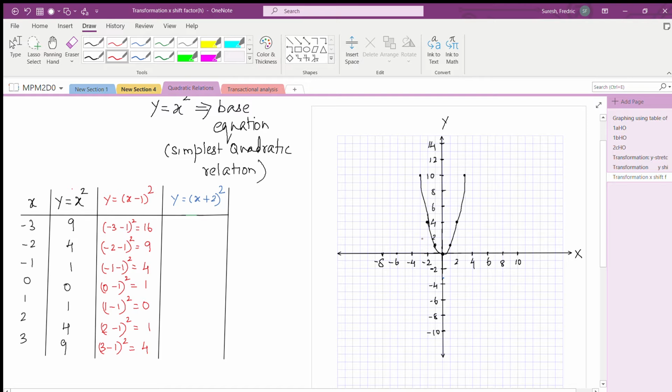Okay, so we go -2, 9. -1, 4. 0, 1. 1, 0. 2, 1, and 3, 4. So I join these points.